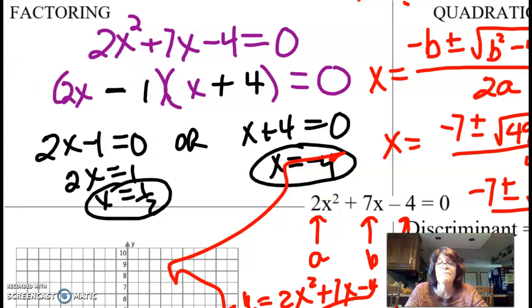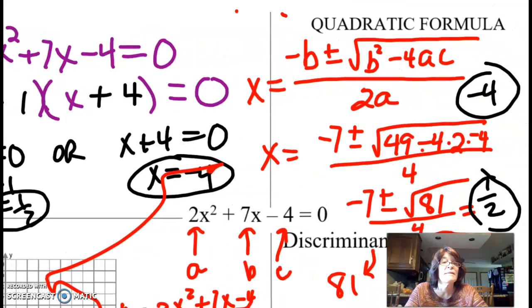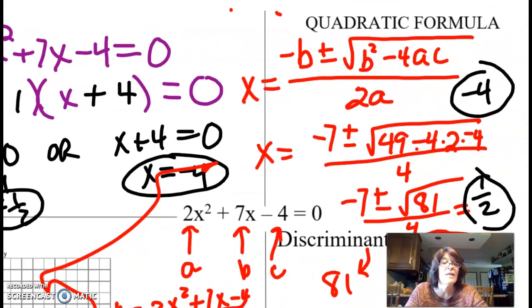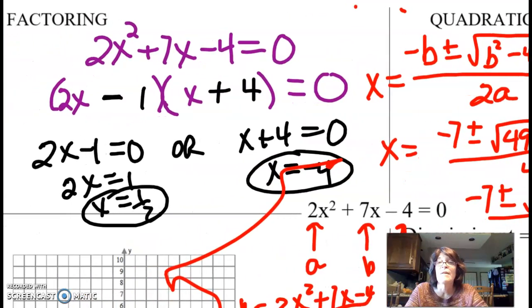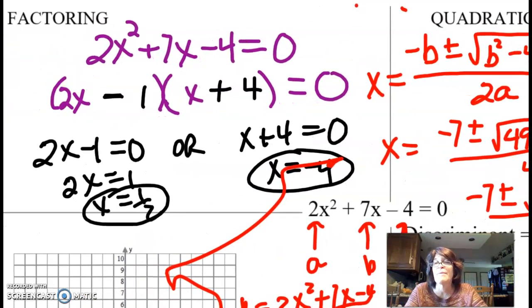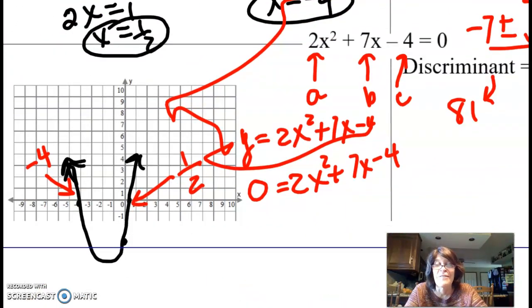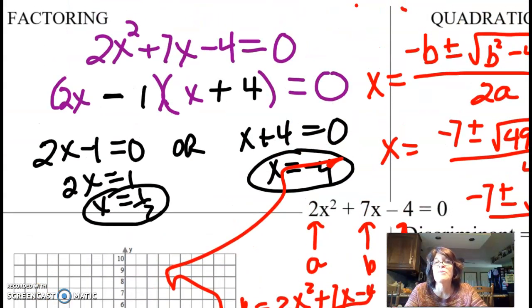Some people just love to use the quadratic formula, and they're good at it. That's fine. That'll give you the answers every time. I doubt that many people graph it to see the answers, because sometimes we can't tell where the x-intercepts are. But that's almost everything you learned from Algebra 2 about the ways to solve a quadratic equation. Okay, so let's try the next one.